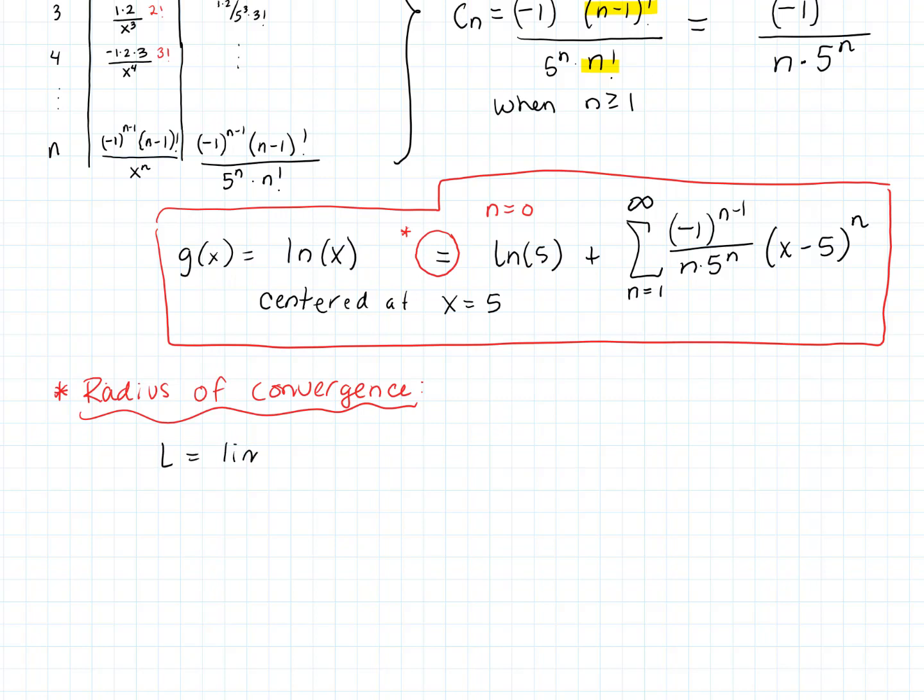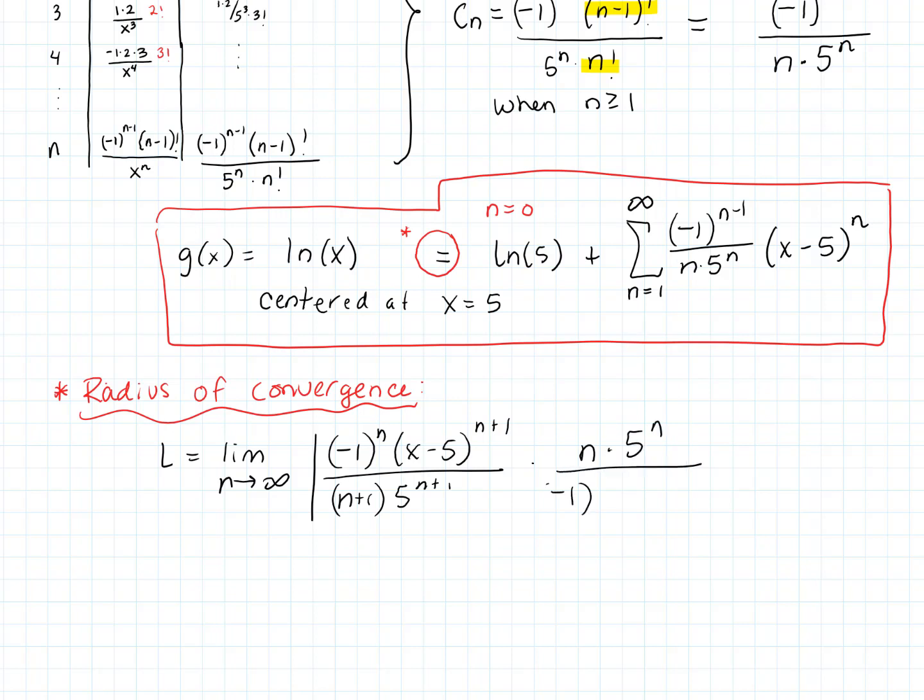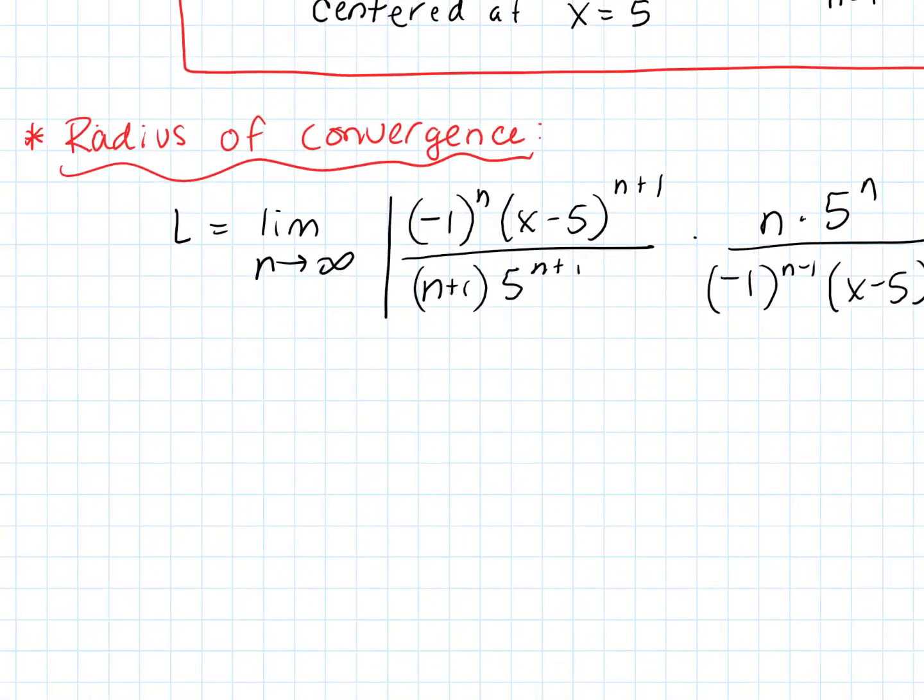So the limit as n goes to infinity of the absolute value of (-1)^n times (x-5)^(n+1) over (n+1) times 5^(n+1), times n times 5^n over (-1)^(n-1) times (x-5)^n. Let's get in there and let's actually take that limit. Before we can take the limit though, let's go ahead and do the reduction. So we're going to have x minus 5.